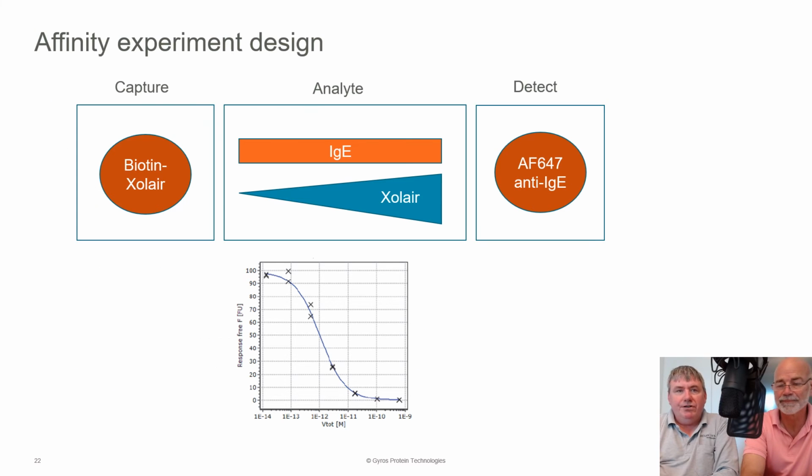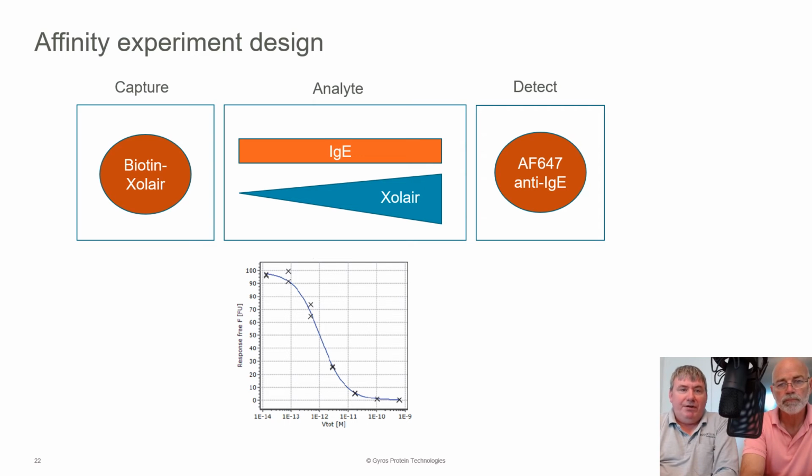So this really shows your experimental design, and it conceptualizes the concept of affinity. As I've mentioned, we've determined the IgE fixed concentration, and then we vary the concentration of Xolair, the binding variable interactant. As you can see here, as you increase the Xolair concentration, you'll decrease the IgE free measurement.